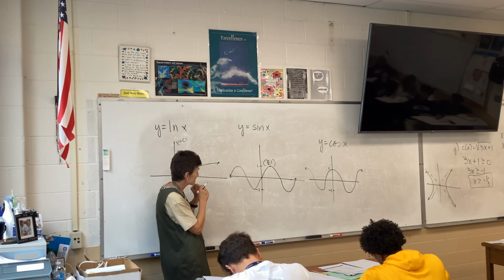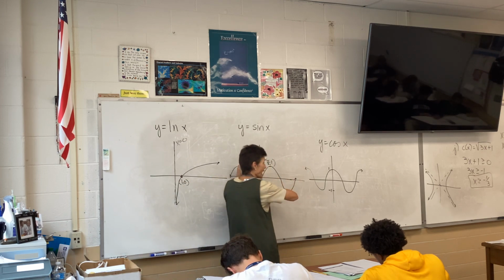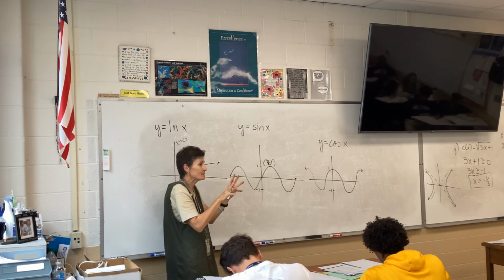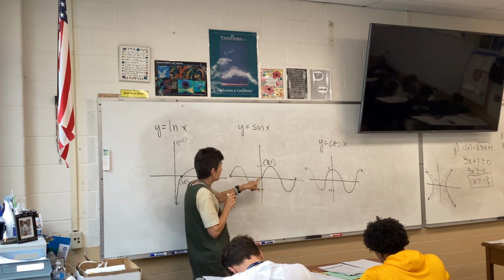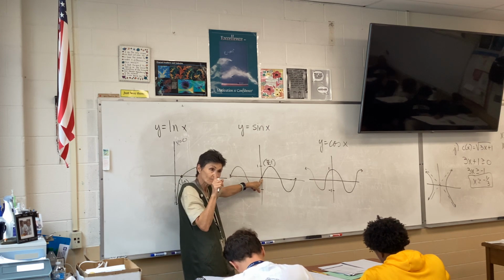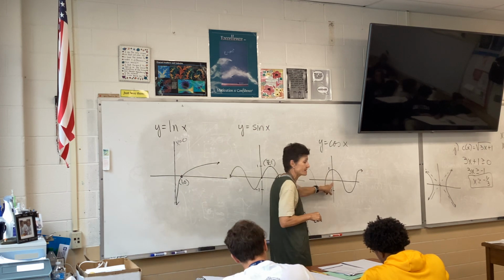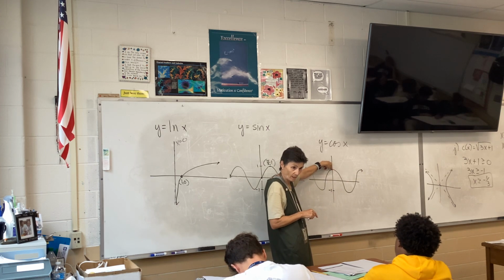Think about that for a second. Would you agree that they have exactly the same shape, exactly the same characteristics? What's different is the sine actually goes through the origin, but the cosine doesn't. Its y-intercept is up here at 1.